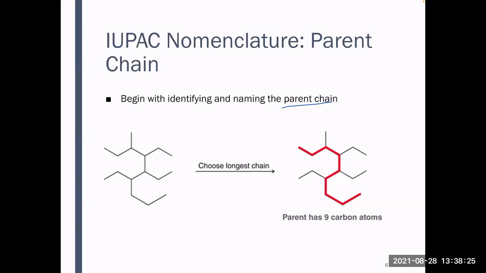So this here traces the 9 carbon parent chain. So it won't always be what's in a straight line. So here, it's not going to be this. That's only 1, 2, 3, 4, 5, 6 carbons. You have to find the chain with the most number of carbons connected in a single row. And again, that's what we call the parent chain.